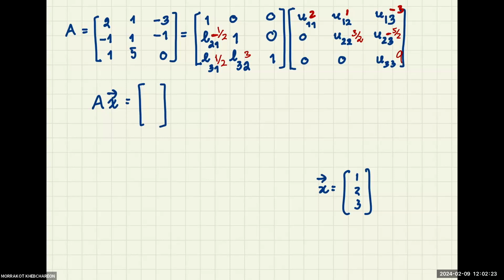Suppose I know the solution first. I will construct my matrix. So I have 1, 2, 3 here.